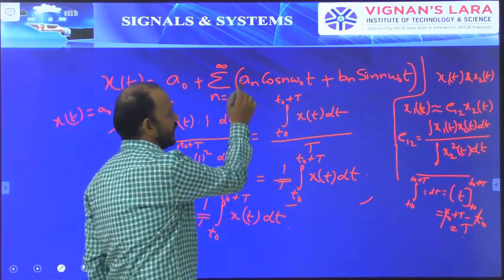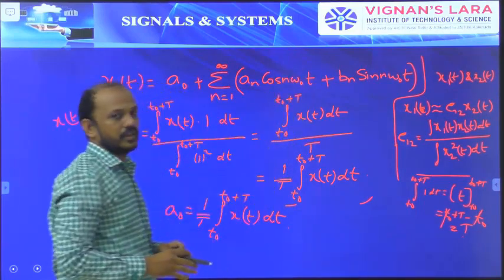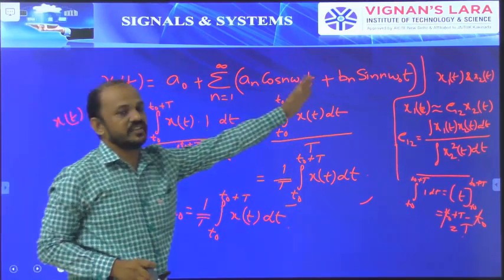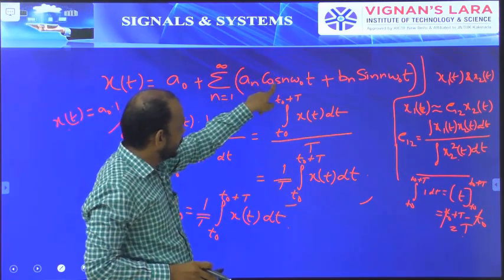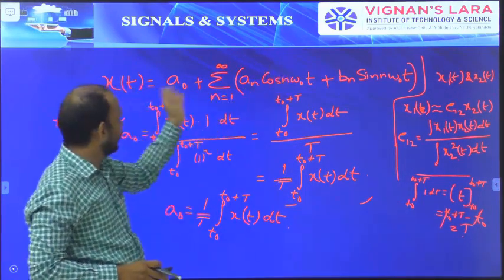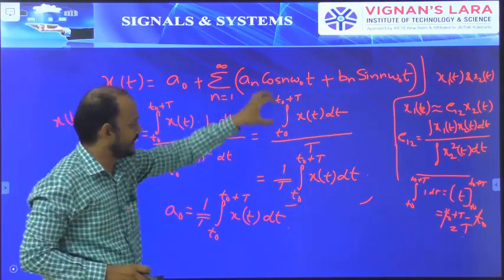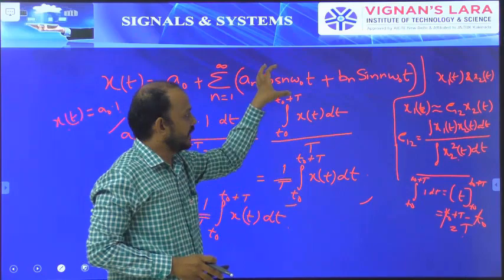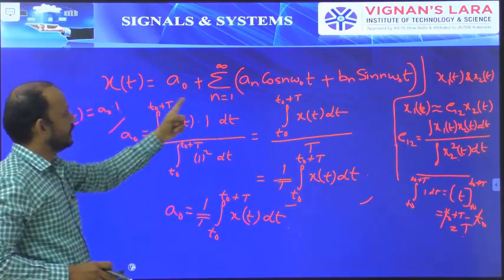To find out the value of a n, I will consider this one and I will leave a naught and b n sin n omega naught t. While finding a naught, I left these two. So while finding a n, I will consider only this term a n cos n omega naught t, and I will leave a naught and b n sin n omega naught t along with summation n equal to 1 to infinity. I will consider only this thing. Okay. So by considering this thing and using this formula, I can find the value of a n.